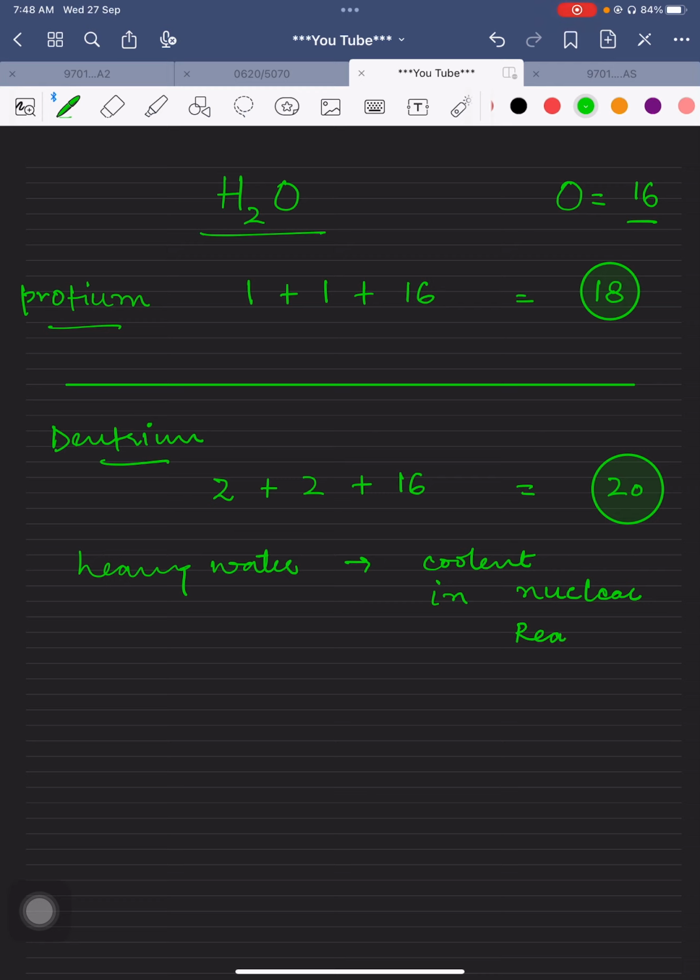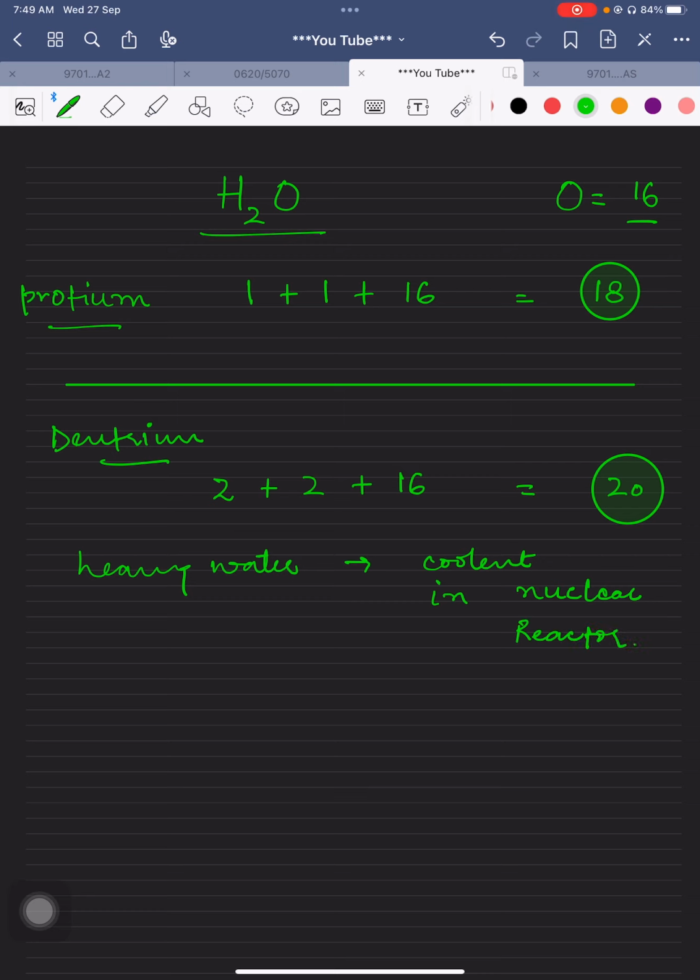It's a common sense type of thing nowadays that a student should know, that a nuclear reactor is a place where nuclear reactions are happening, and they are definitely emitting lots of heat energy. To cool down that nuclear reactor setup, we are using a specific type of water which is called heavy water, and it is formed by use of deuterium as the hydrogen. Okay, coolant in nuclear reactor.